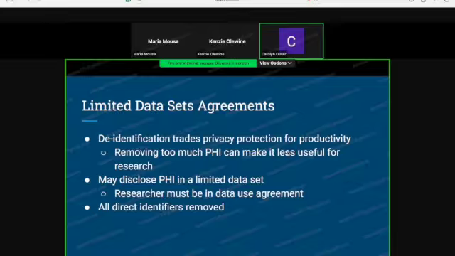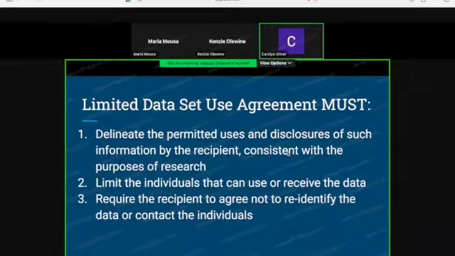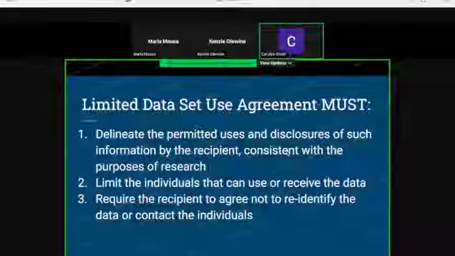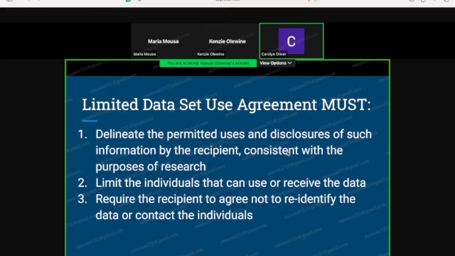All direct identifiers must be removed, but they can have a limited set of identifiers to ensure the research is still applicable. Anybody using the limited data set use agreement must delineate the permitted uses and disclosures of such information by the recipient consistent with the purpose of the research. So with this, only the data that is necessary for the research is allowed to be used.